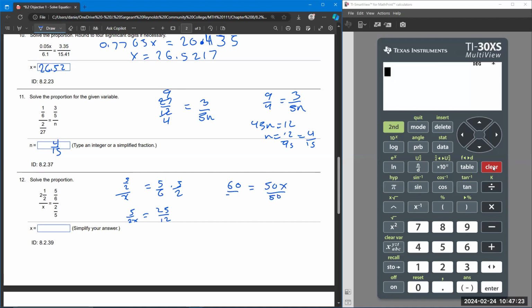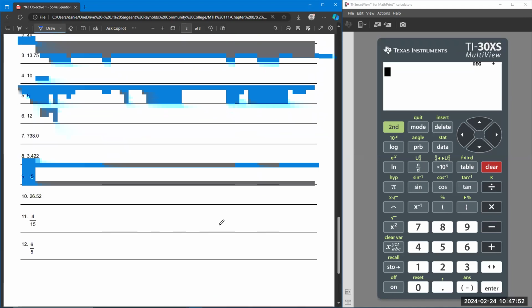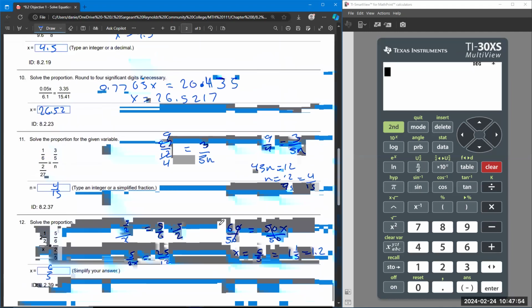Divide both sides by 50. And x is equal to 6/5, or 1 1/5, since we had mixed numbers in the problem, or we can express that as a decimal, 1 2/10. All of those should be appropriate answers here. I'm going to express it as the improper fraction there. See number 12. Yep, they expressed it as an improper fraction.